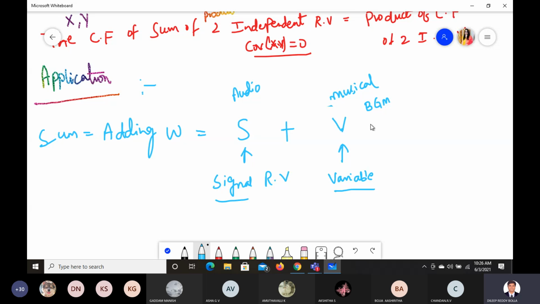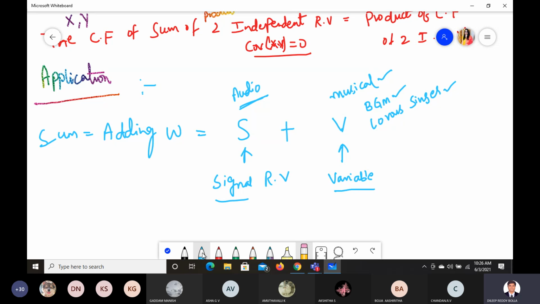Or this variable can be chorus singers. There is a lead singer here who has a signal. Along with that, we need to add the musical instruments, the background music, and the chorus. Anything else, that also has to be added.